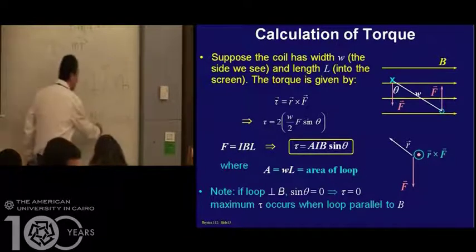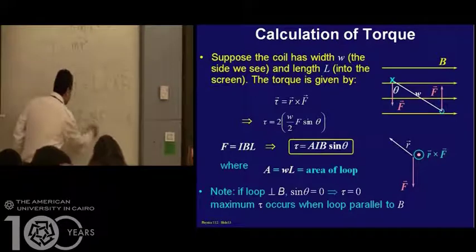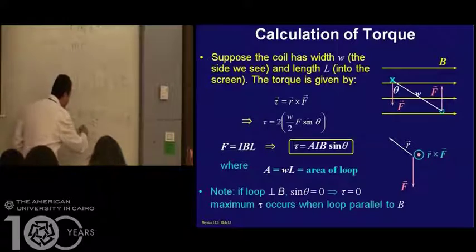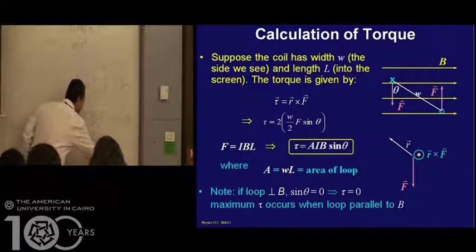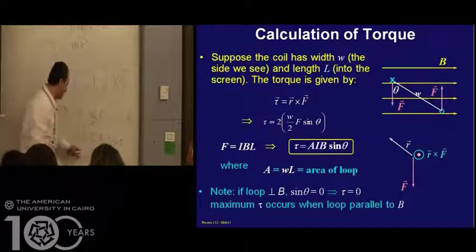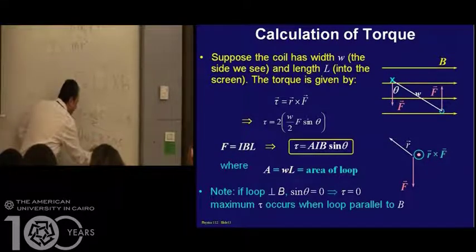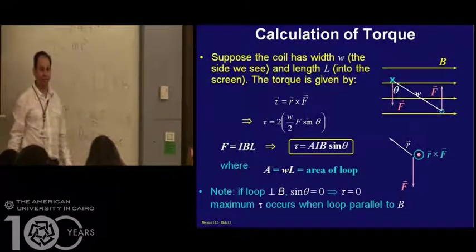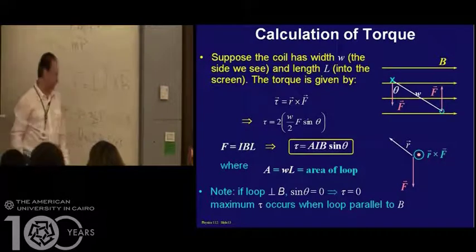I'm going to replace the magnetic force by its value, which is I, L, B, sine theta. L times W, the length times the width, is the area of that loop.